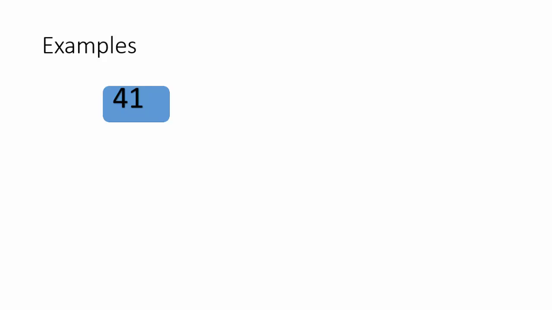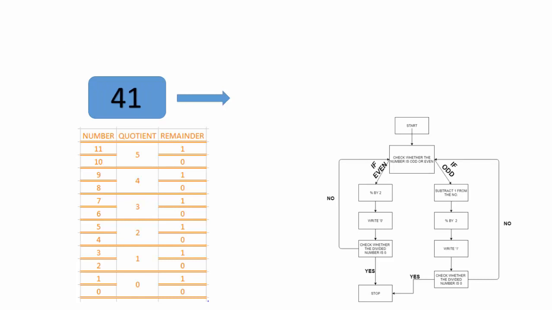So we'll directly refer to our new method, our algorithm, and try to build up the binary number orally. As number 41 is an odd number, we'll subtract 1 from it and divide it by 2. That gives us 20, and we'll write down 1. We are following this algorithm, by the way.